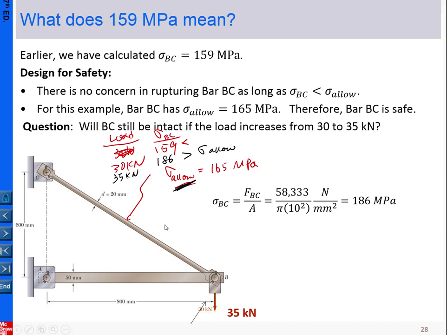So for this case, carrying 35 kilonewtons here will drive the stress over the allowable stress. Is this okay to apply?